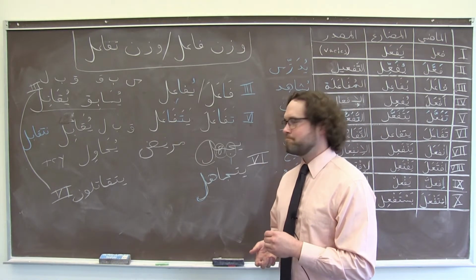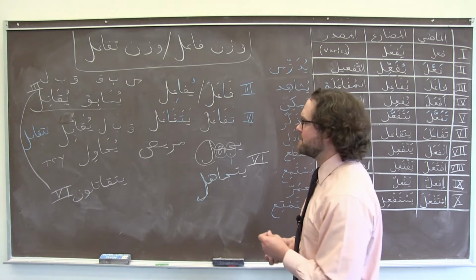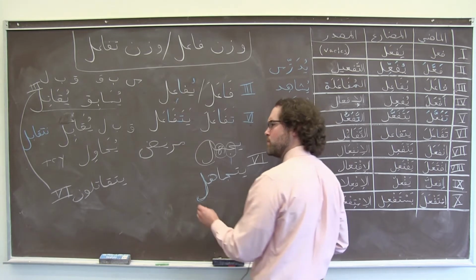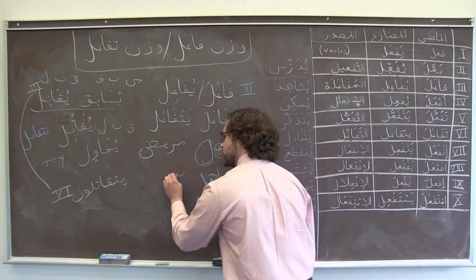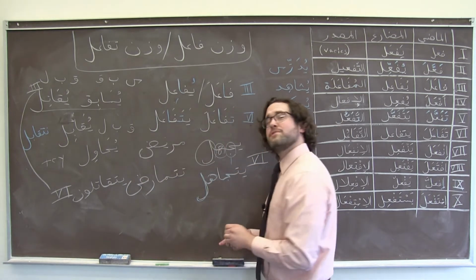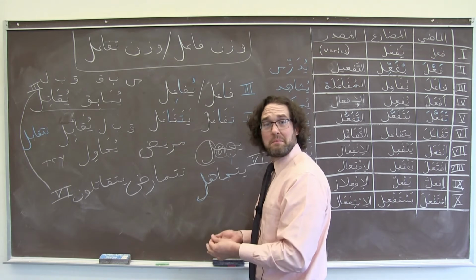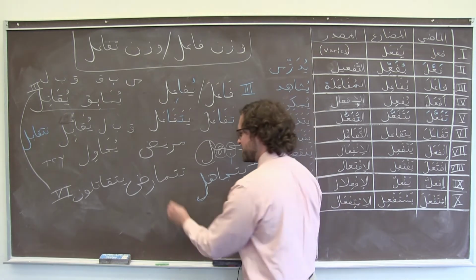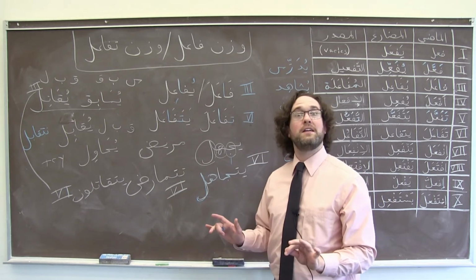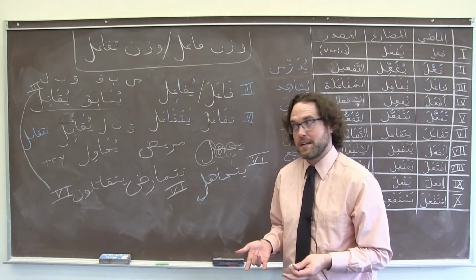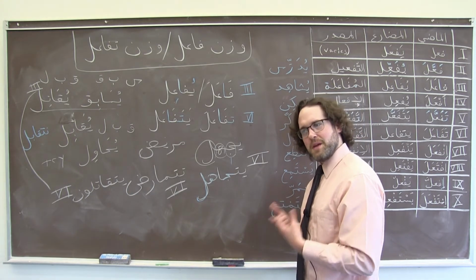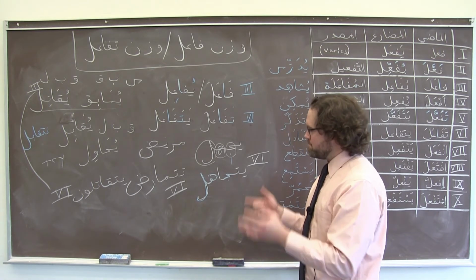And he looked at me, not unkindly, but with a skeptical eye, and he said, John, kunta marid, you were sick, or hal kunta tatamarad, were you just pretending to be sick? In Form 6, this verb specifically means to malinger, to feign an illness, perhaps to get out of taking an Arabic test. So we get a lot of delicious verbs from Form 6 in that pretending paradigm as well.